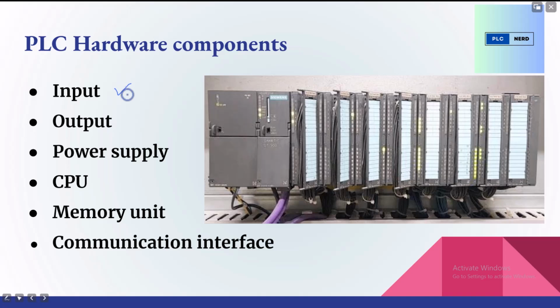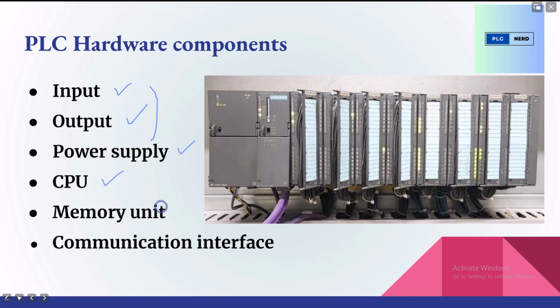We have some input modules that take data from some input devices. We have some output modules that are interfaced with devices like motors, valves, and actuators. We have a power supply that converts the AC in most of the PLCs to DC voltage, because the modules are operable on DC voltage.